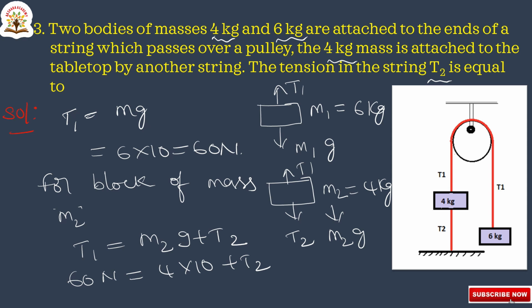So T2 is equal to 4 into 10, 40, 60 minus 40, that is equal to 20 newtons. So the tension in the string T2 is equal to 20 newtons. Therefore T2 is equal to 20 newtons. Okay. Next we will go to the next question.